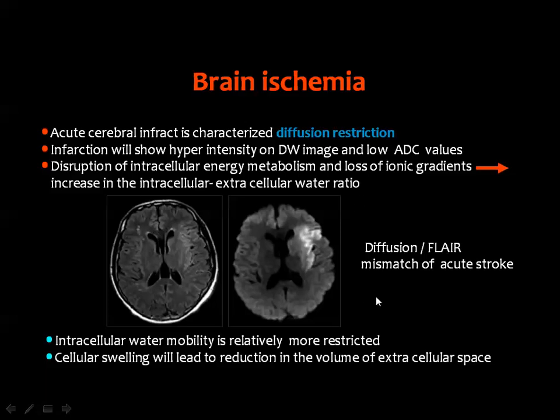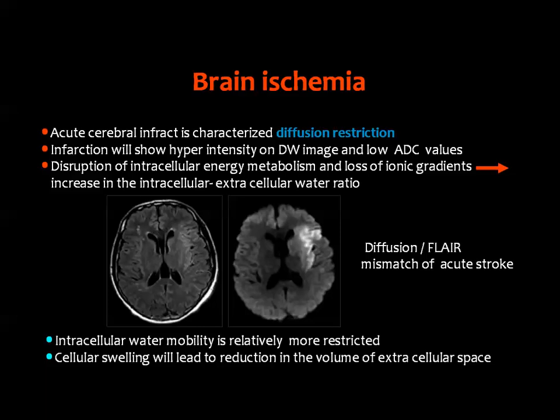ischemia. As you all know, the ischemic brain tissue will show diffusion restriction because during the ischemic insult there is disturbance of the flow of water between the intracellular and the extracellular spaces.